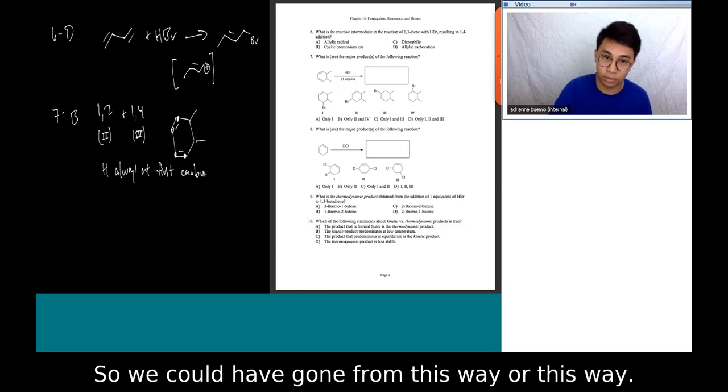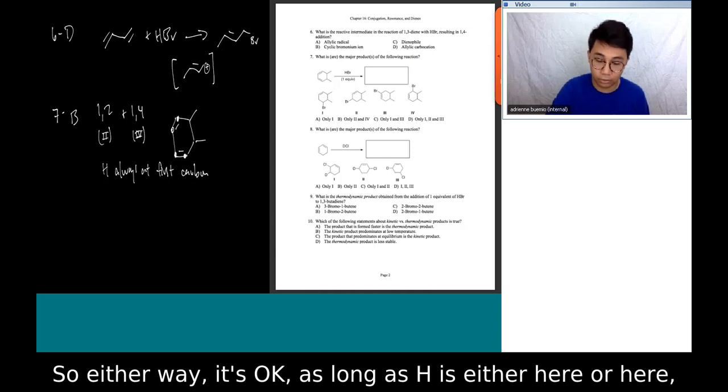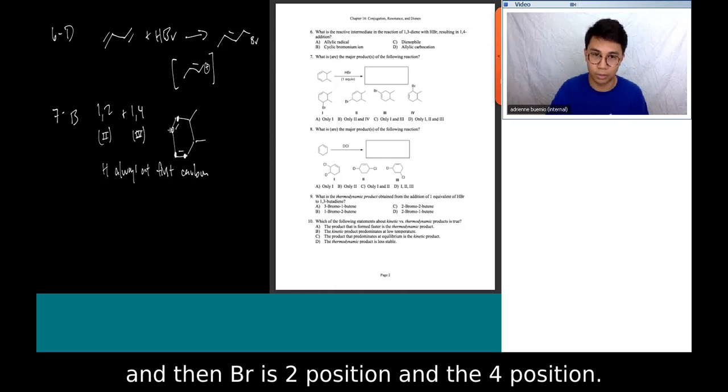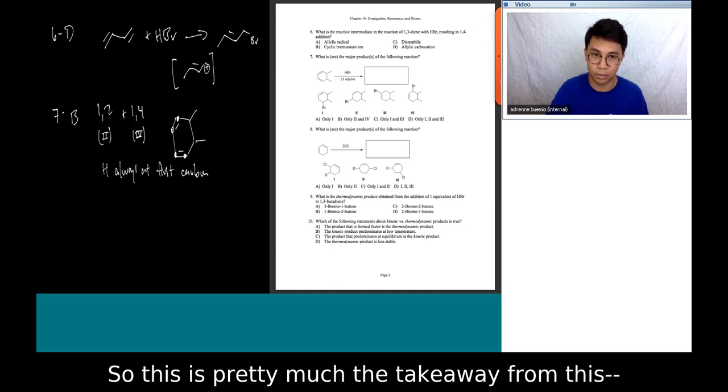So we could have gone this way or this way, right? Either way, it's okay as long as H is either here or here, and then Br is in the two position or in the four position, right? So this is pretty much the takeaway from this.